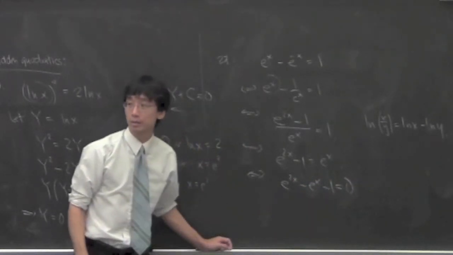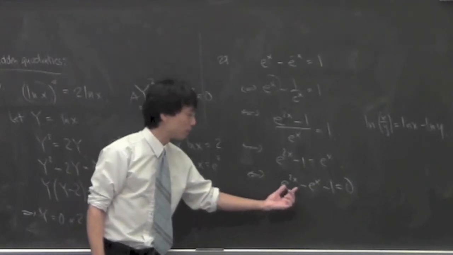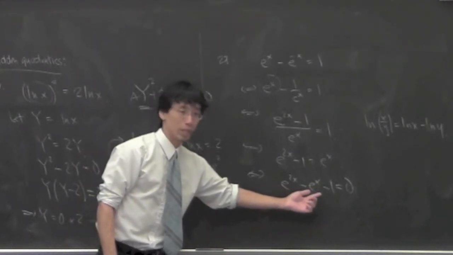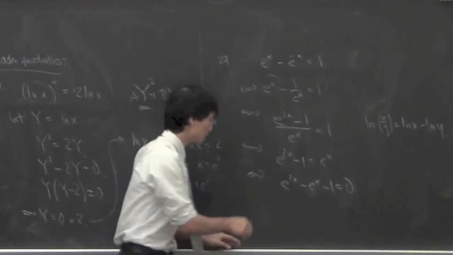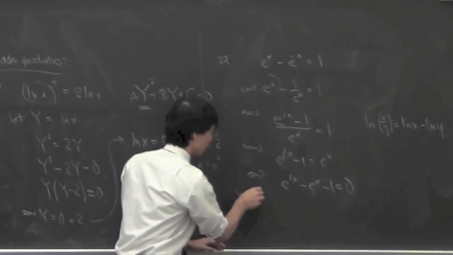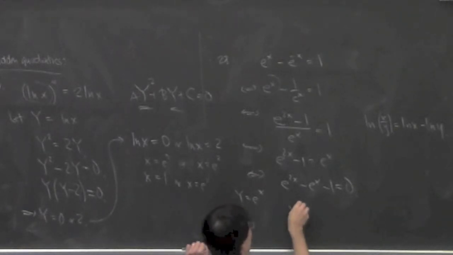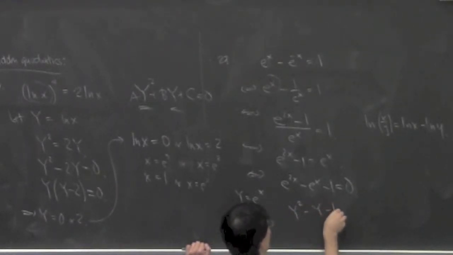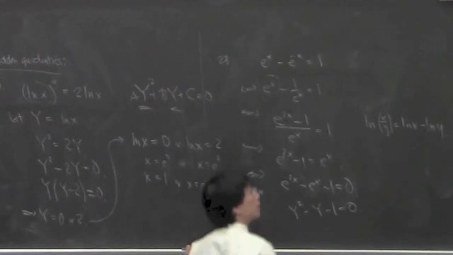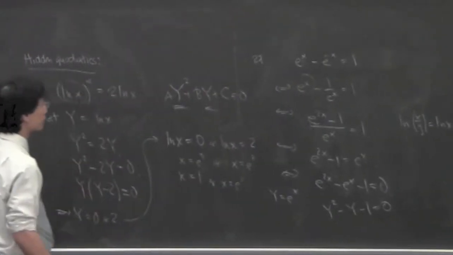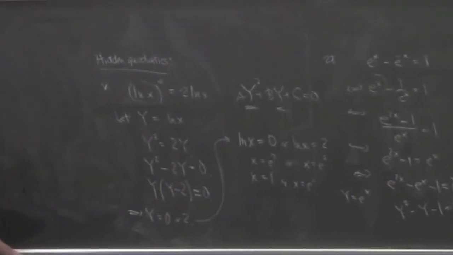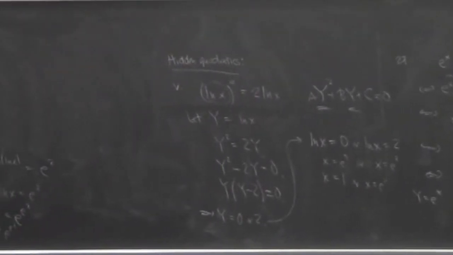So that's a quadratic, exactly, right? You've got something squared minus that something. So let's let our y, again, be the thing that gets squared. This is y squared minus y minus 1 is equal to 0. Very good stuff.